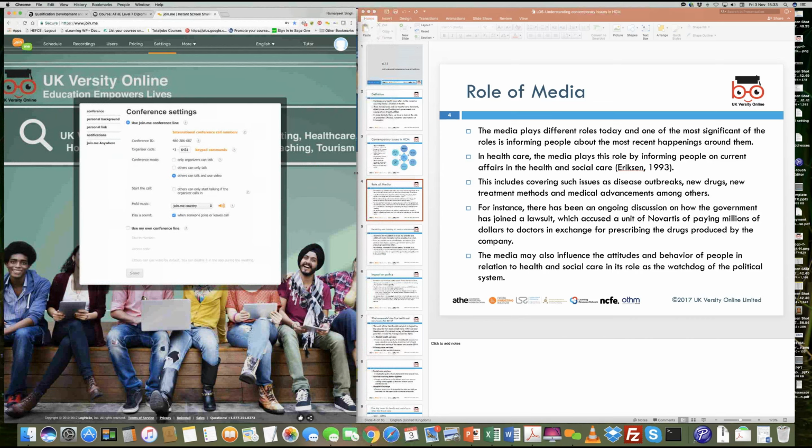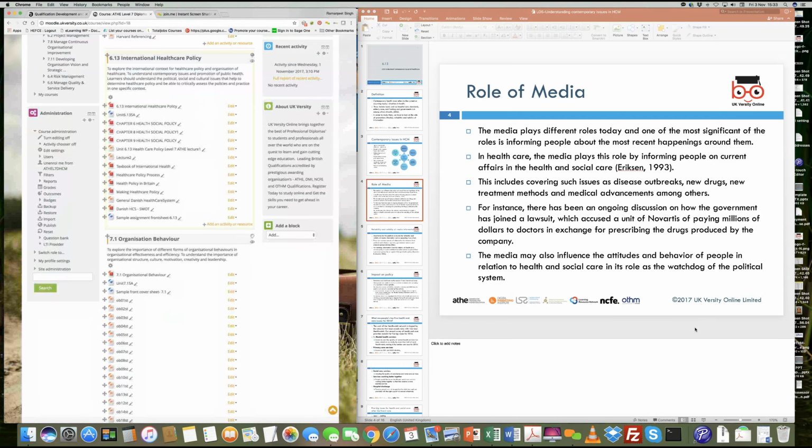The role of media is important because they have a role to play in informing people about the status of affairs in the health and social care sector. Sometimes they communicate breaking news about outbreaks of diseases like the Ebola virus, which we spoke about a couple of minutes back, and also about new treatments or drugs introduced by the NHS and NHS related contractors.